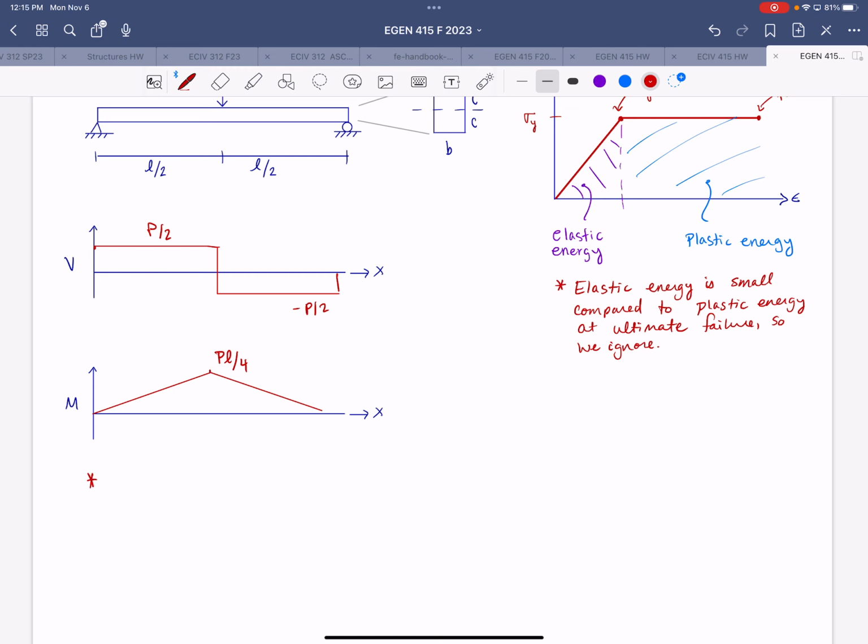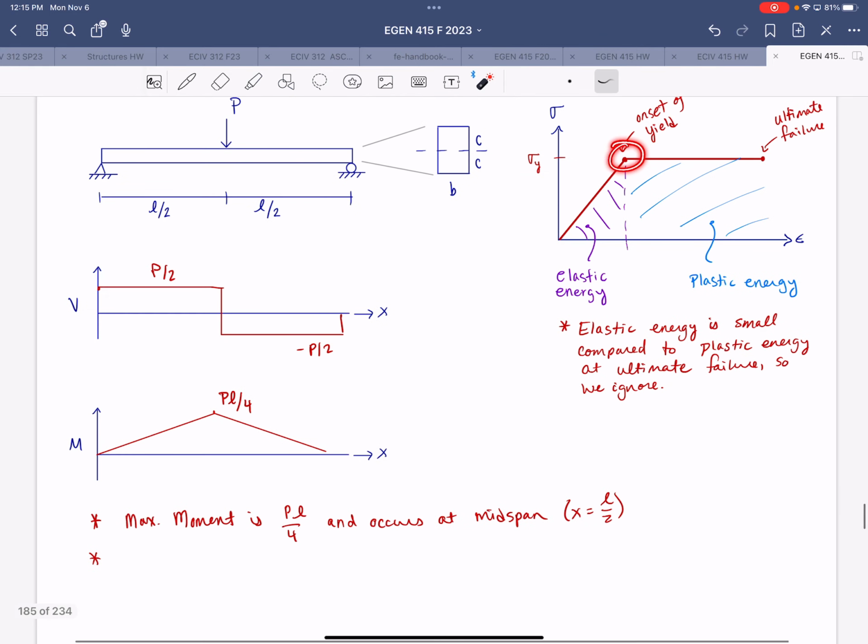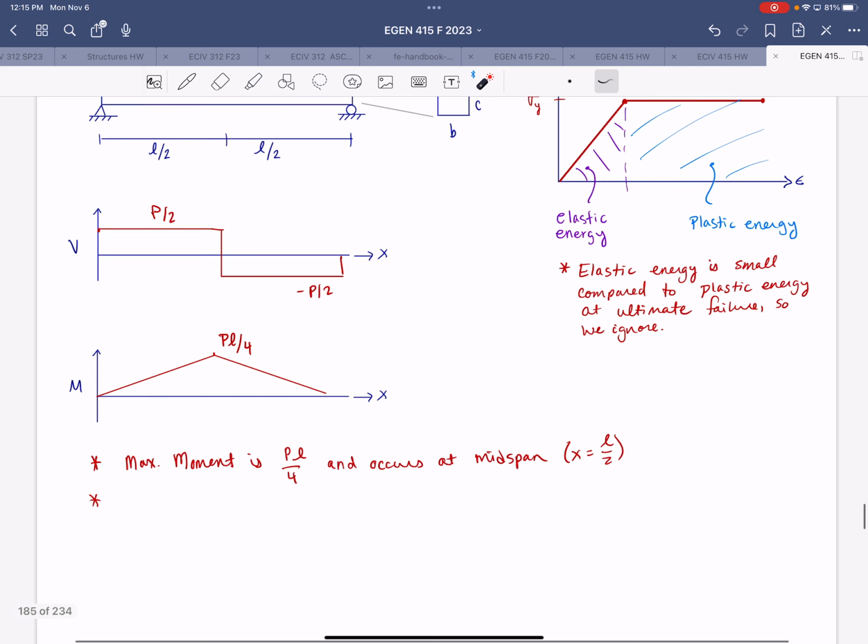So I'll note that our maximum moment is PL over 4 and occurs at midspan, where x equals L over 2. The initial yield will occur at the end of the elastic response, right up here, and we would call that, again, the onset of yield.